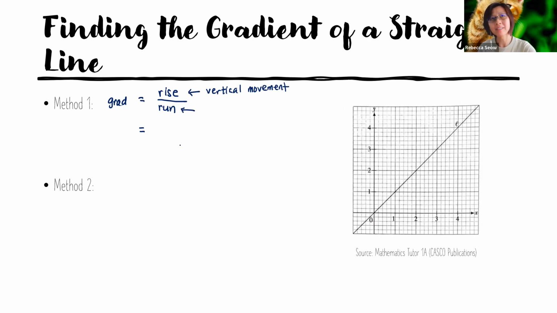Over the run. Now, associate it with a run that you take during PE lesson. When you run, you run across, horizontally. You do not run upwards. So this is considered the horizontal movement.